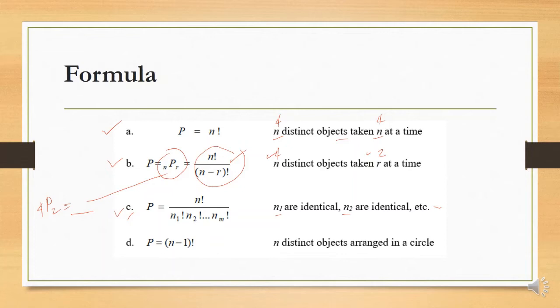Okay? So for letter D, when we arrange objects in a circle, we have n-1 factorial, no? Ang idea nitong n-1 na ito kasi kapag halimbawa meron tayong circular table at mag-uupo tayo ng 4 persons, palagi tayong nag-uupo ng isa.